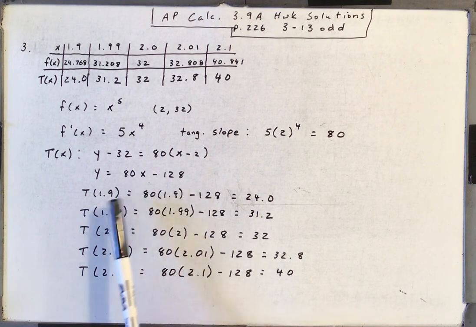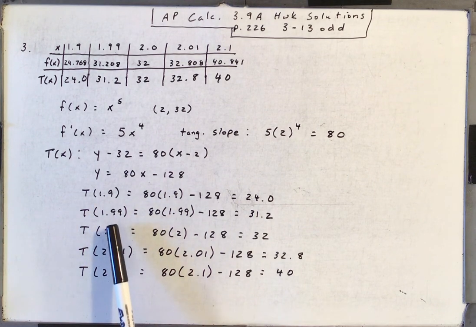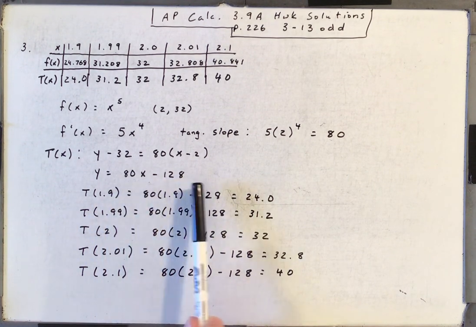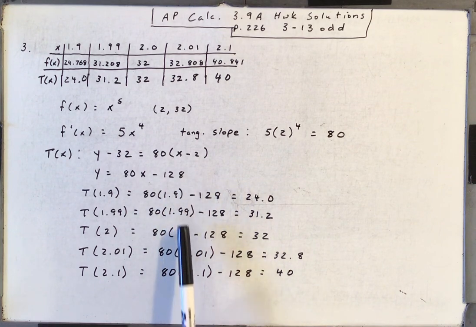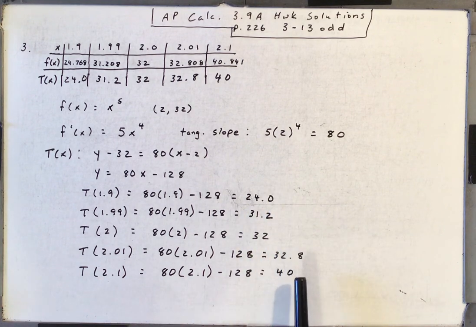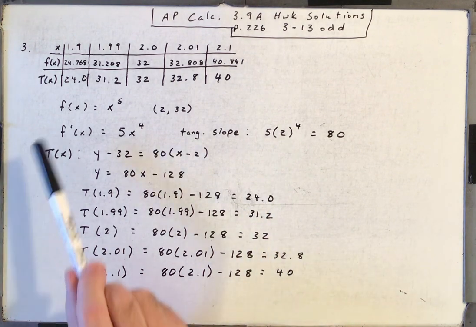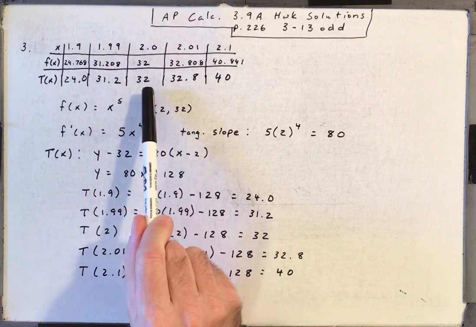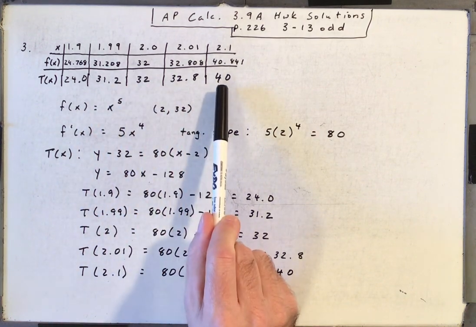And so then I have to plug those five values into that equation: 1.9, 1.99, 2, 2.01, and 2.1. And you can see the values that I got here: 24, 31.2, 32, 32.8, and 40.